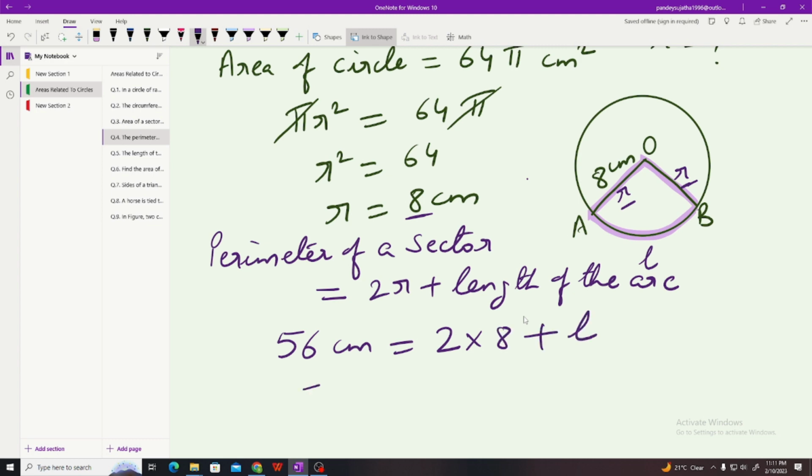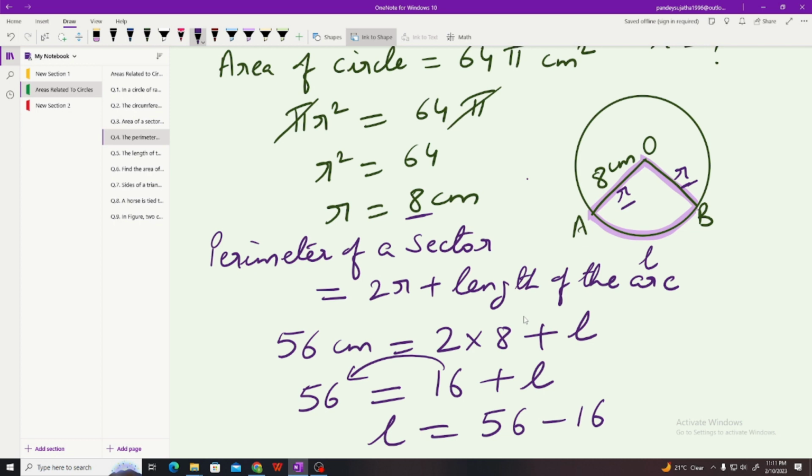So solve it. Shift the 16 to the other side. So length of the arc is 56 minus 16, that is equal to 40 centimeter. So we have the length and we have the radius.